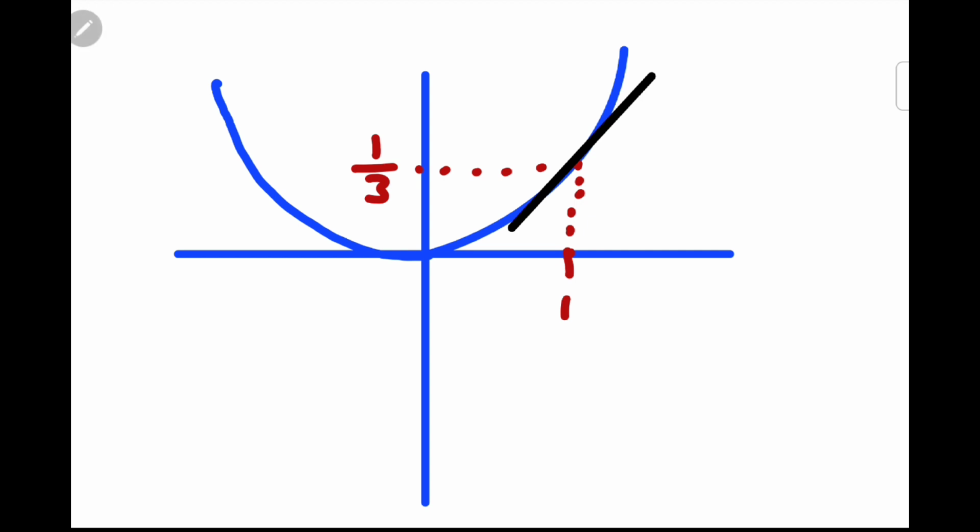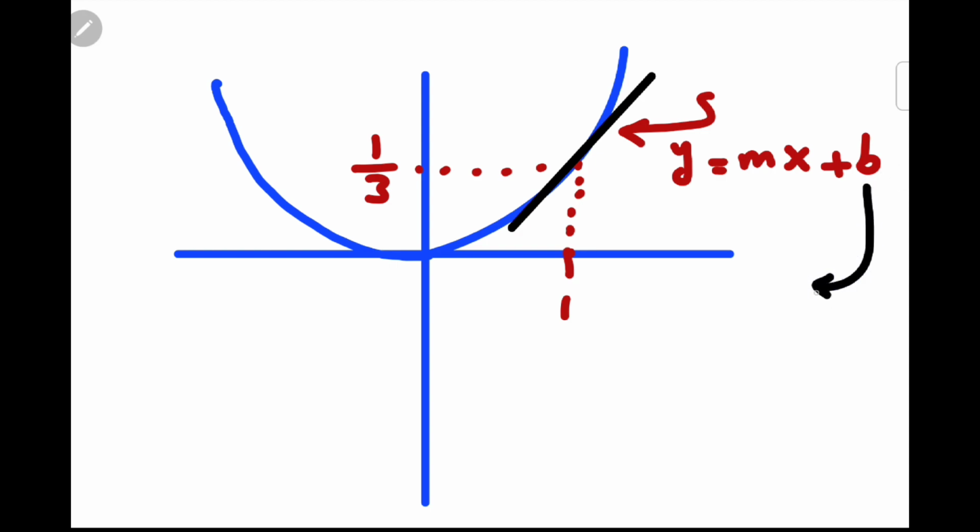First, we know that this line has a model y equal to mx plus b, where b is called the y-intercept and m is the slope of that line.